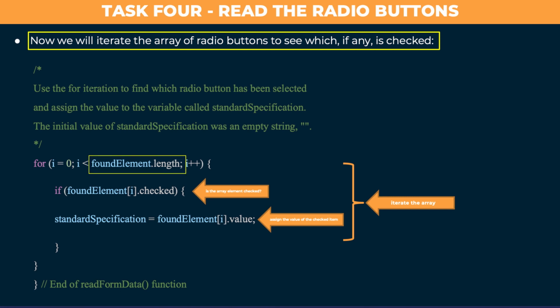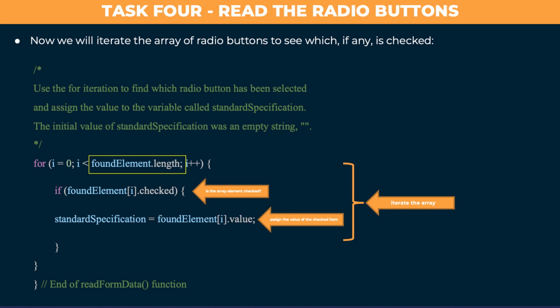Well, we don't need to worry. We just use the .length property of the array, and it will go, there's 2 of them, and it knows to stop, or if there's 3, it'll know to stop at 3. So for i equals 0, i less than the number of elements, then i plus plus.